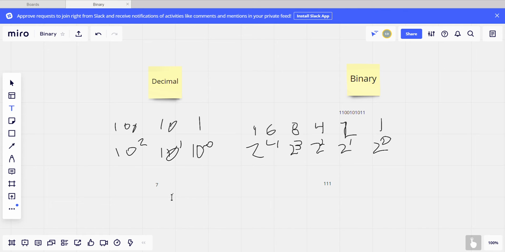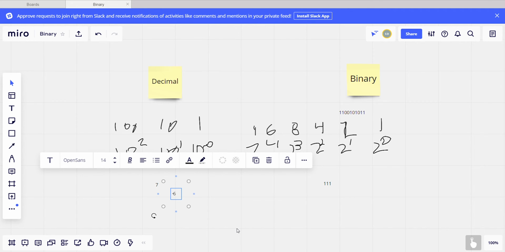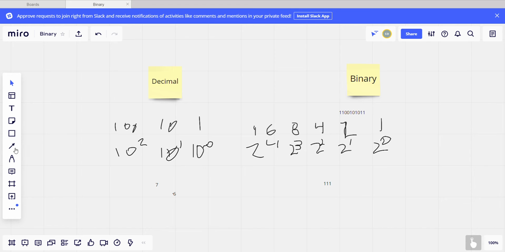Obviously, in decimal form, we can just write that as 6. But here we can say, do we want 4 on? Yes, we do. So that's a 1. Do we want 2 on? Yes. Do we want 1 on? Well, 4 plus 2 is 6. Since we're already at 6, we don't. So 6 in binary would be written as 1, 1, 0.